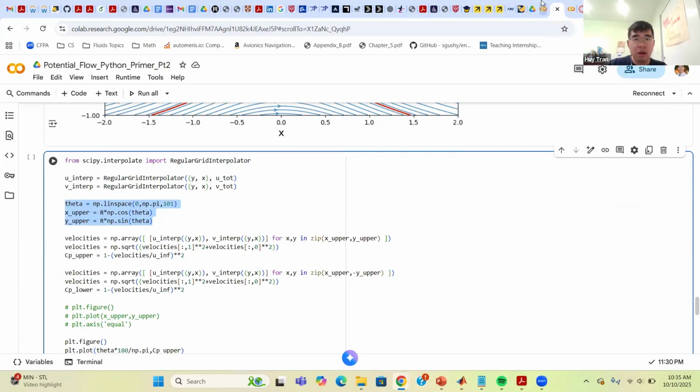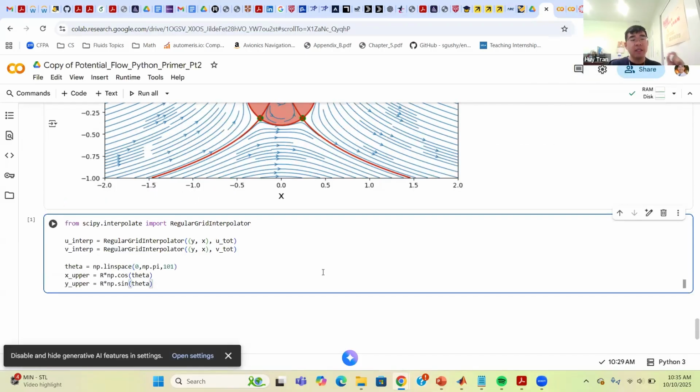So here, all I did is I said theta is 0 to pi. So essentially, for the cylinder, 0 all the way to pi, just from the front to the rear. From 0 to pi, I want to get the associated x coordinates and y coordinates based on these equations, which are just equations for a circle. R times cosine theta for x and r times sine theta for y.